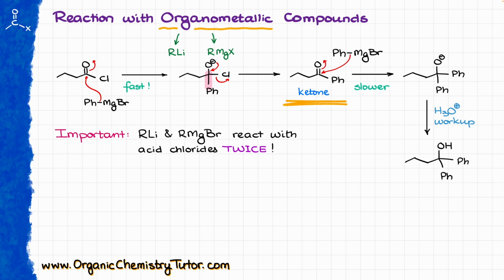So unless your instructor specifically talked about the possibility of stopping this reaction in the middle at the formation of the ketone, please remember that this reaction has to happen twice and the final product is going to be a tertiary alcohol and not a ketone. It is really difficult to stop at the formation of the ketone and not have the reaction proceed further.